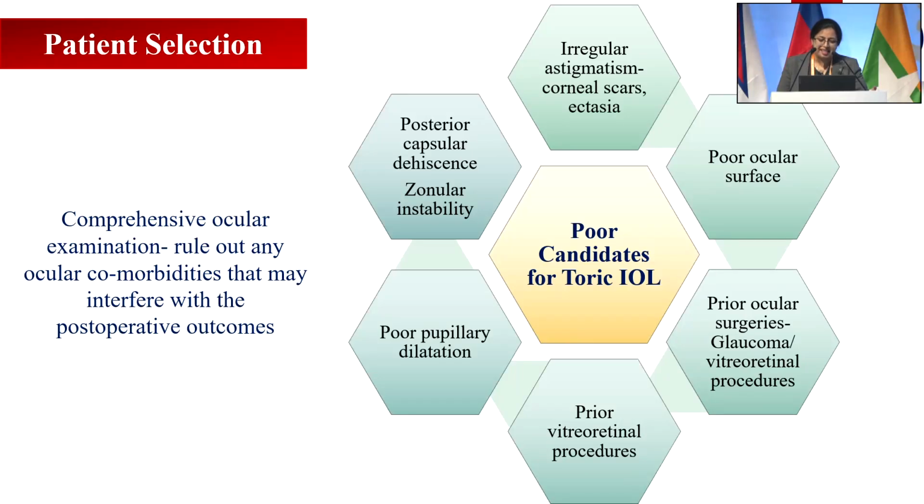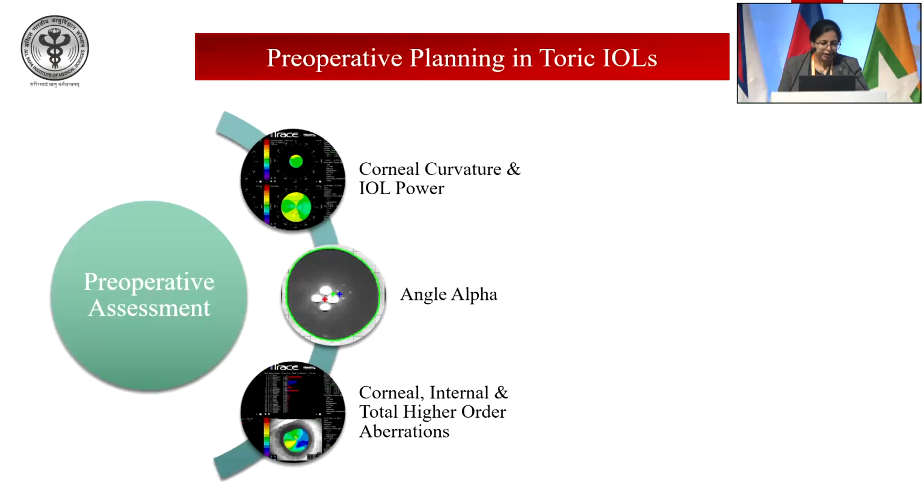However, in persistent limbal stem cell deficiencies, ocular surface disorders, you should avoid premium intraocular lenses. Prior ocular surgeries such as glaucoma or vitreoretinal procedures, poor pupillary dilatation, posterior capsular dehiscence, zonular instability, basically the ocular comorbidities affecting the retina, the visual axis, they are relative contraindications for implanting a premium intraocular lens.